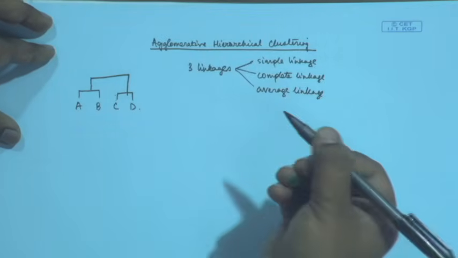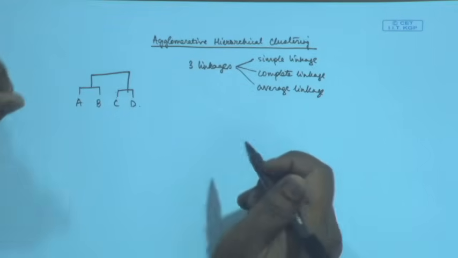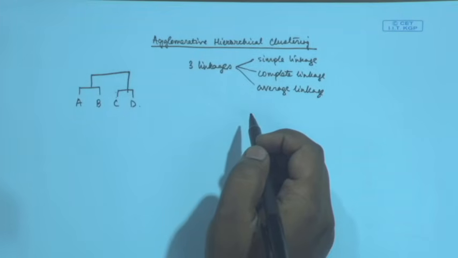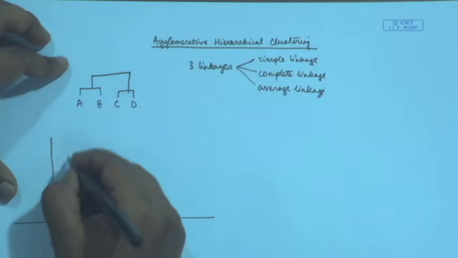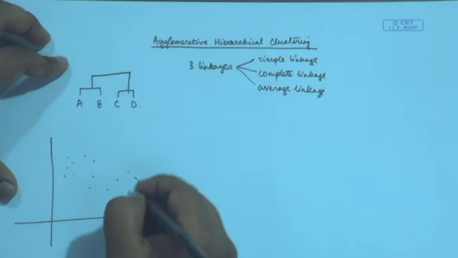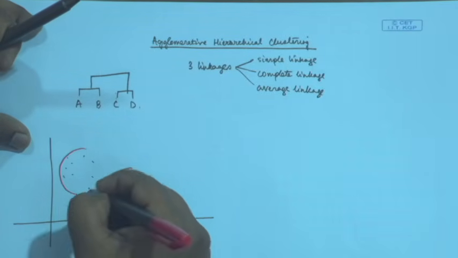So these algorithms are in the context of how you want to calculate the distance between two clusters. The entire idea is that initially you have a lot of points, and first you make this cluster and this one is a cluster.